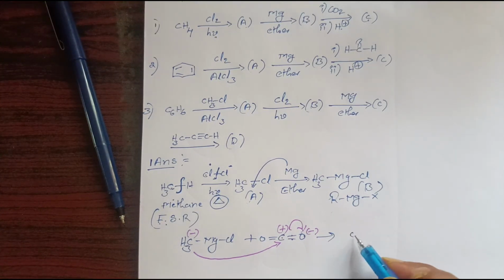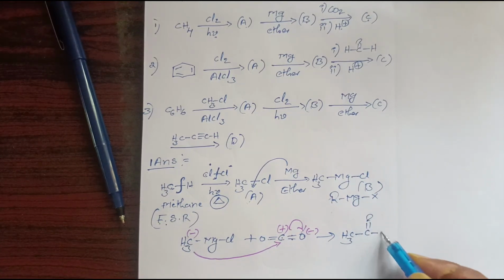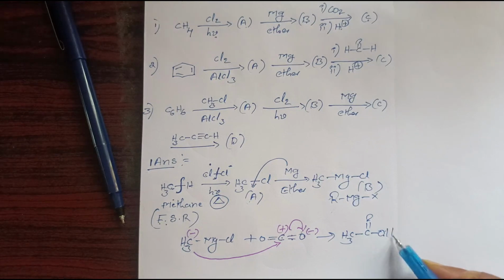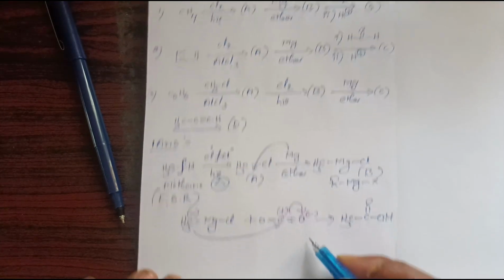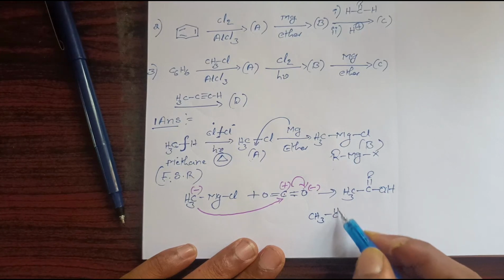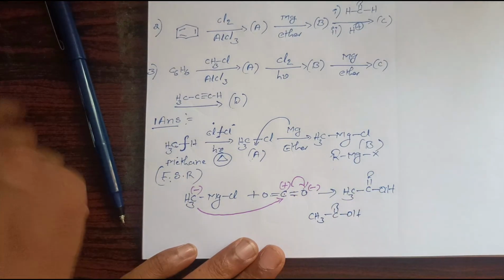Now CH3, C double bond O minus, oxygen gets the negative charge. This happens in acid medium, H plus attacks here. So what is the product? CH3, C double bond O, OH, a carboxylic acid.